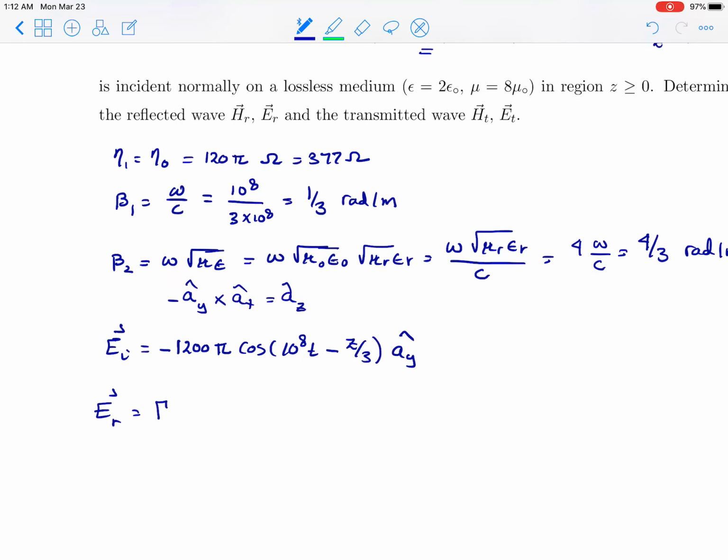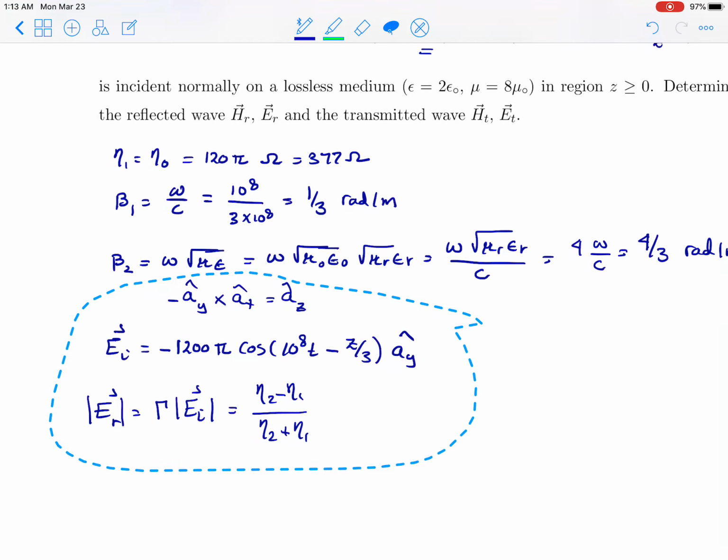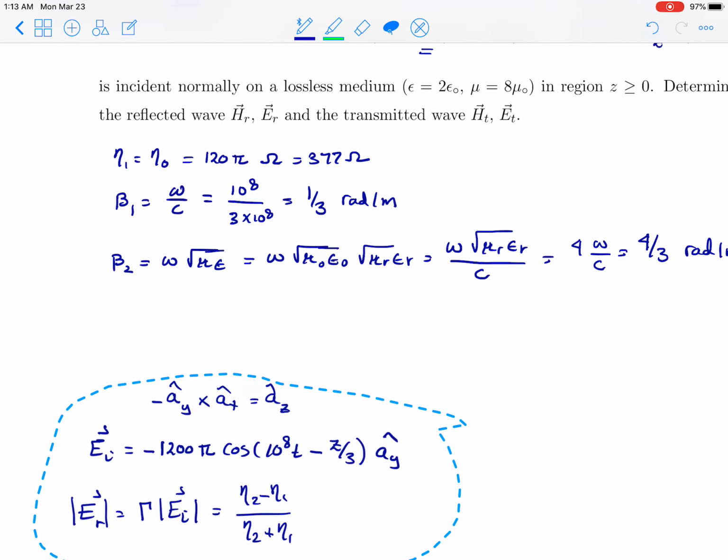The magnitude of the reflected field should be gamma times the magnitude of the incident field. Gamma is eta 2 minus eta 1 divided by eta 2 plus eta 1, and we forgot to solve for eta 2, so let me go back and solve for eta 2.